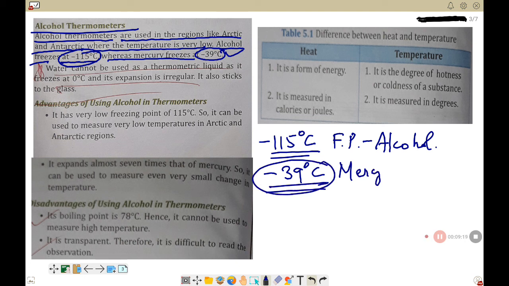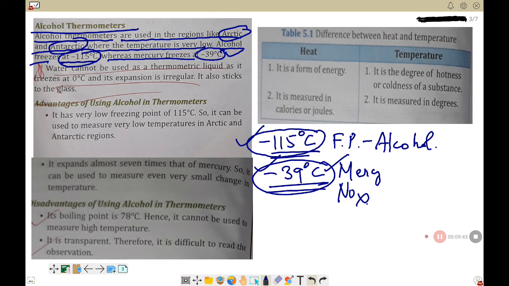Mercury freezes at this temperature. So once mercury freezes, can it measure temperature? No, it cannot measure temperature. Whereas alcohol freezes only at minus 115 degrees Celsius. So that's why you can use alcohol thermometers in the Arctic and Antarctic to measure the low temperatures.